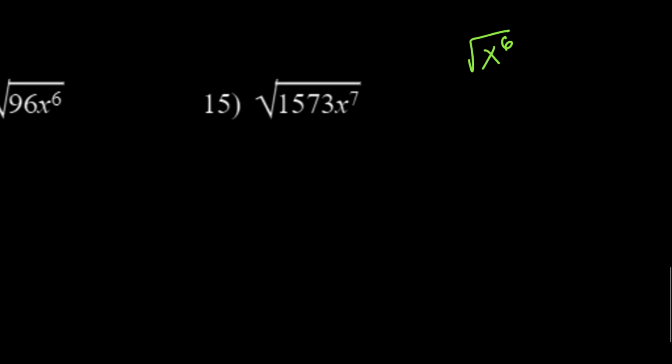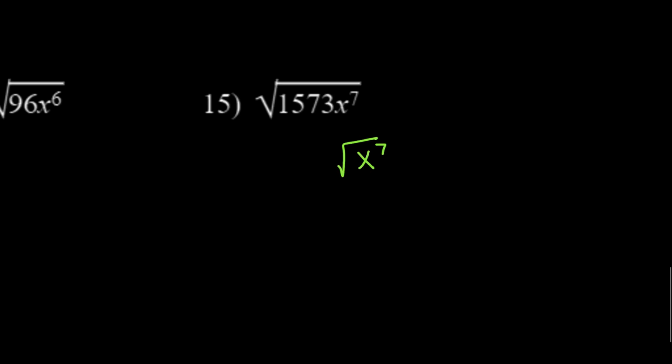We cannot do that, however, with exponents that are odd, right? Because what is half of 7? 3.5. We cannot put decimals. So x to the 7th power remains on the inside of your radical, like so.